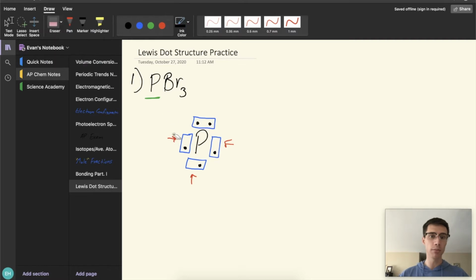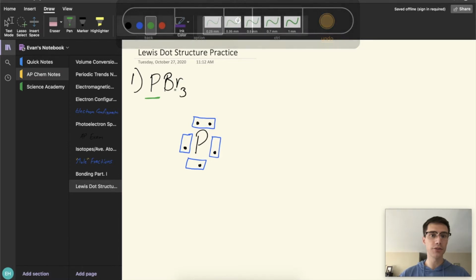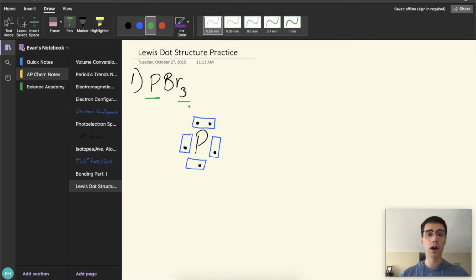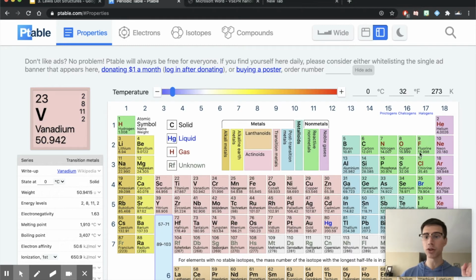In this problem, we also have 3 bromines. Try not to get too confused with all these different colors here. We're going to want to draw 3 different bromines. Looking at the periodic table, bromine is right here, in the halogens group.